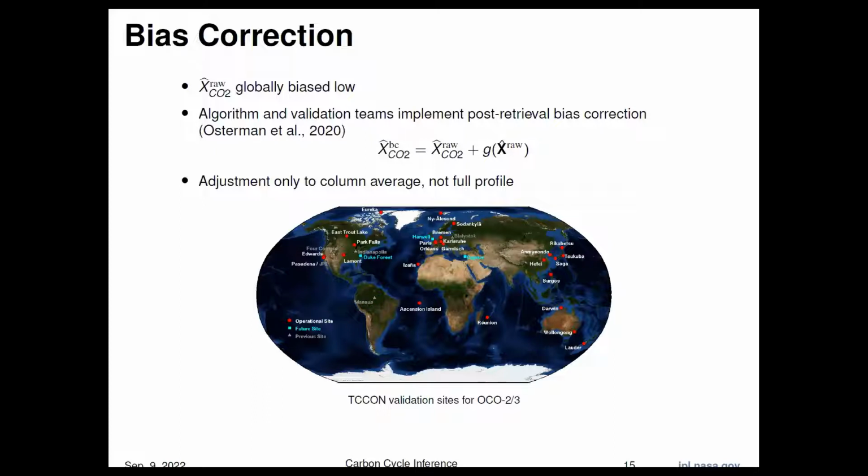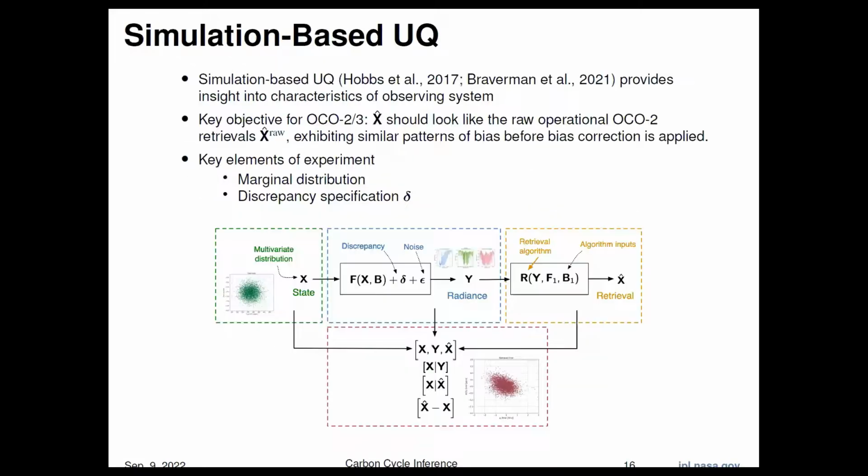Operationally, there is a collection of validation sites called TCCON located around the globe, mostly in land areas, and a bias correction procedure is applied to get a bias corrected XCO2 that's made available to the science community. This also has impacts on how we think about this for UQ.